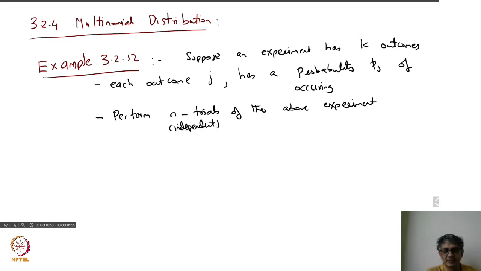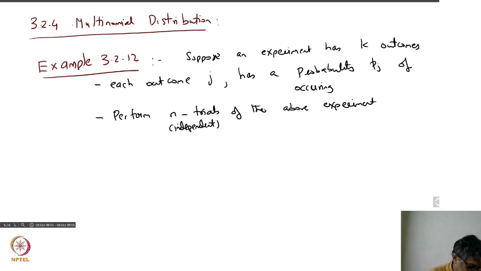If I write out all the events and all the outcomes, with n trials and each trial having k possible outcomes, and write out the whole sample space to compute the events and their probabilities, it'll be quite hard to do.